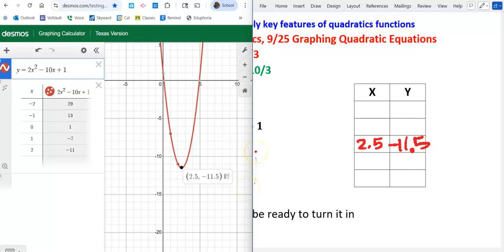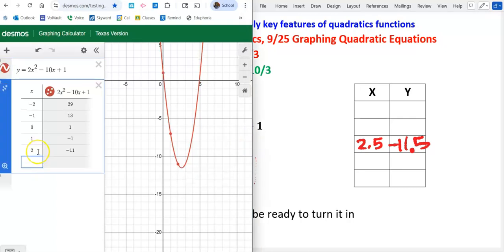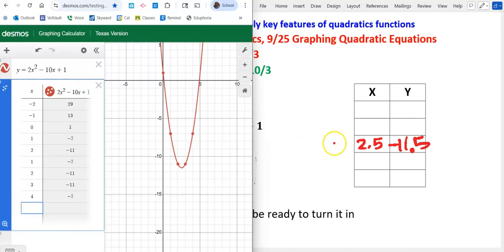Now, what comes before 2.5? Well, the next whole number is 1, 2, 3, and 4. Okay. So we're going to do 1, 2, 2.5, 3, 4, negative 7, negative 11, negative 11, negative 7.